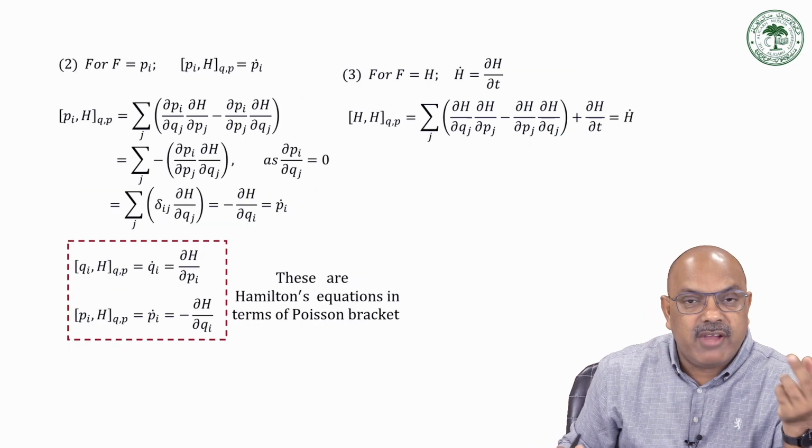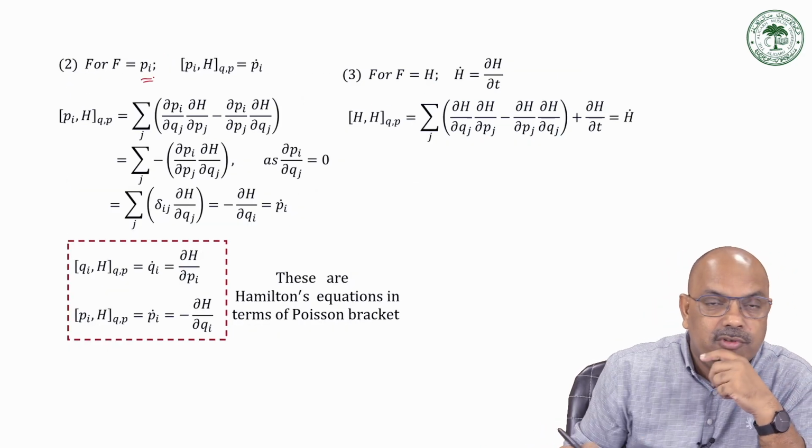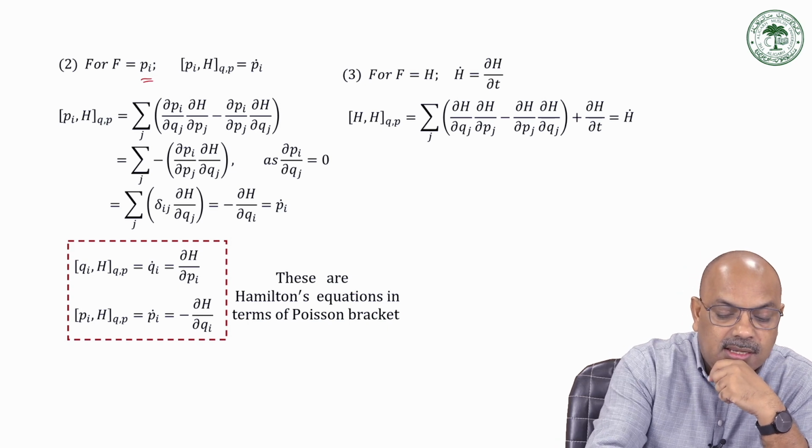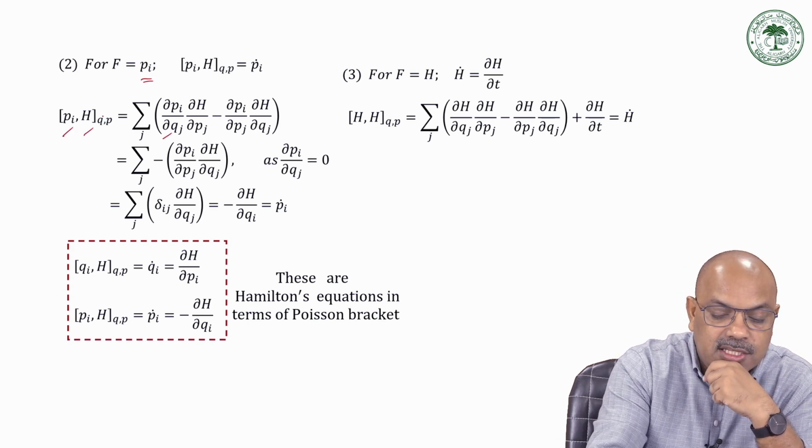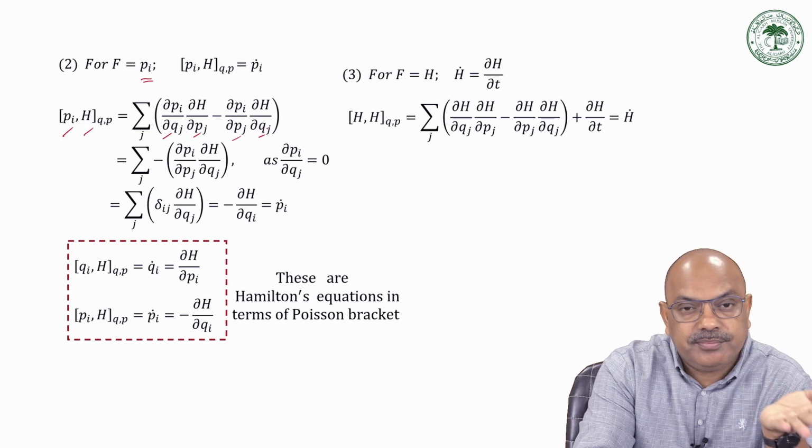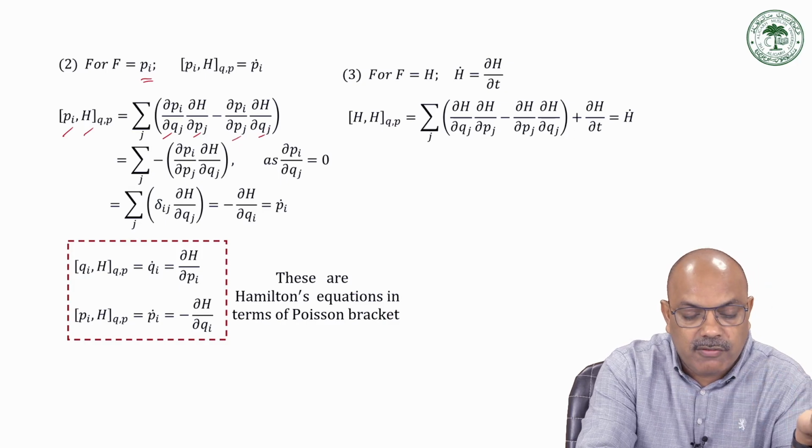In the same way, if I put f equal to p, then I get p with respect to q and H with respect to p, similarly according to the definition of the Poisson bracket.